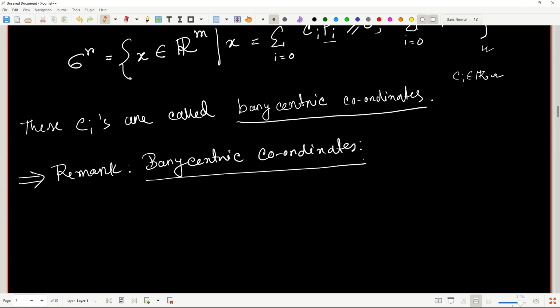This is a coordinate system in which the location of a point is specified by reference to a simplex. This is more of a geometric definition, but we want to see a more physical example of this barycentric coordinate, one that relates it to the definition of the center of mass coordinates.